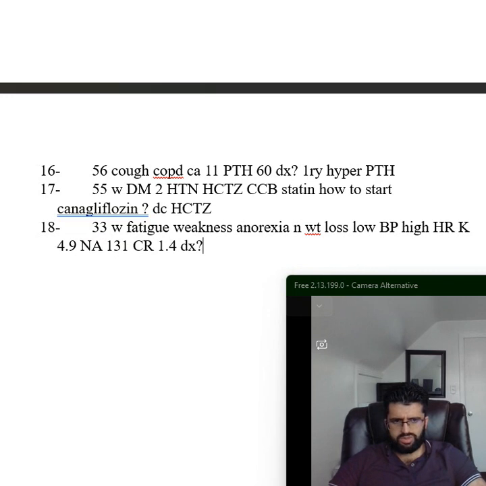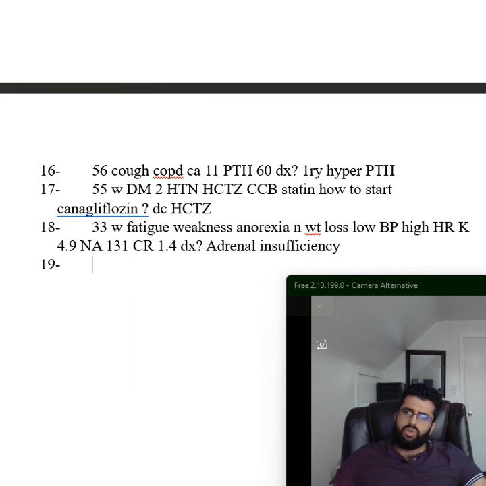What's the diagnosis? Whenever you see somebody weak, tired, with high potassium and low sodium, this could be adrenal insufficiency. Okay, and what causes adrenal insufficiency? It can be caused by autoimmune or infectious diseases like HIV, fungal or TB, hemorrhagic infarction, and metastatic disease.